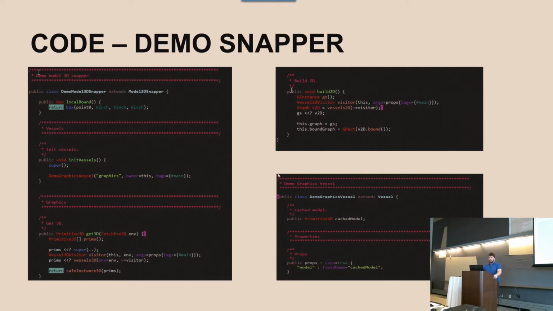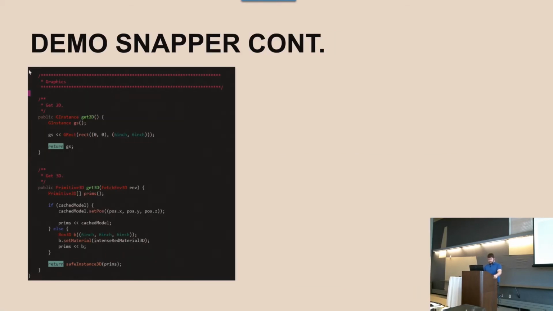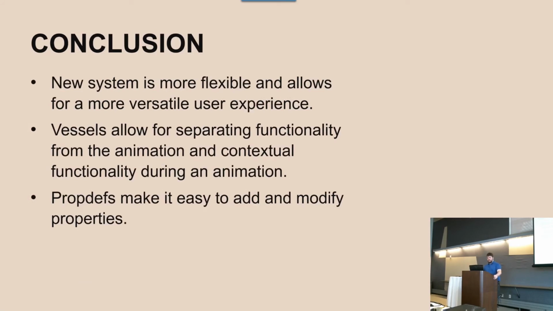And then, all right, in conclusion, the new system is more flexible and allows for a more versatile user experience. The vessels allow for separation of functionality from the animation and contextual functionality during an animation. So the animation itself doesn't need to know what it's operating on specifically.